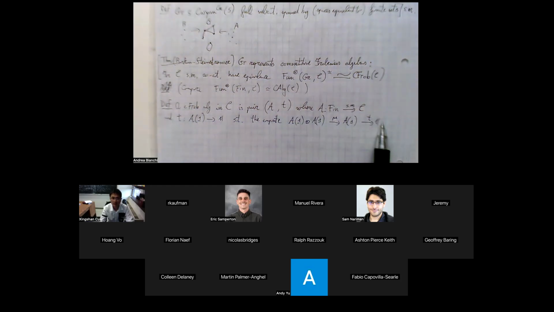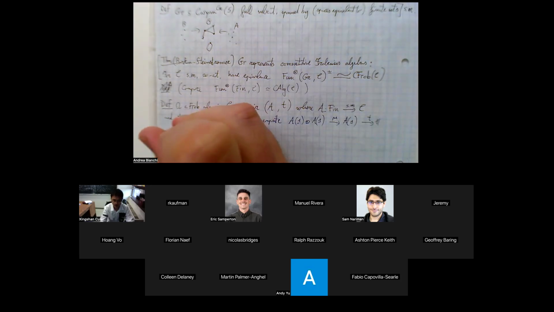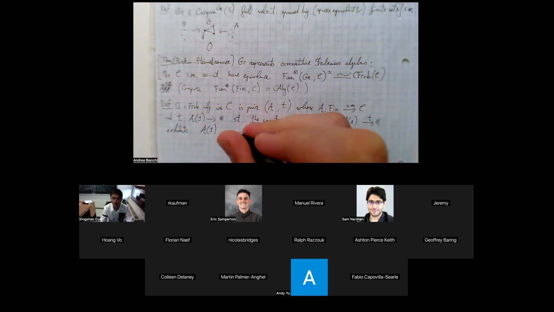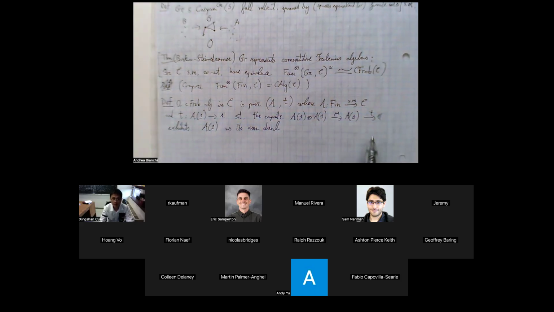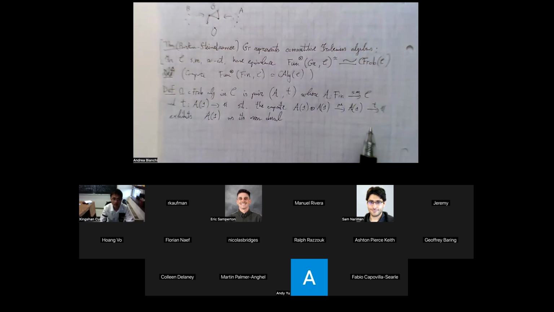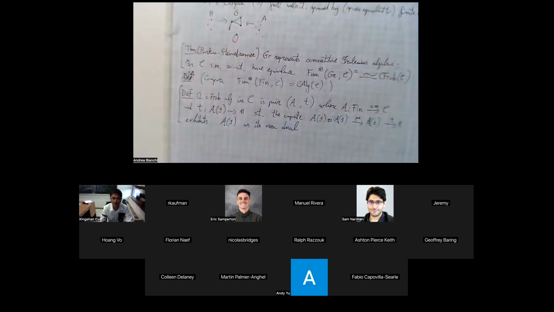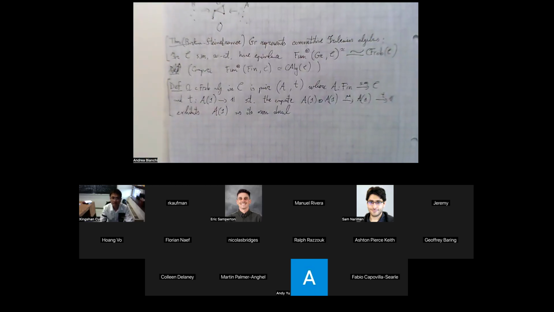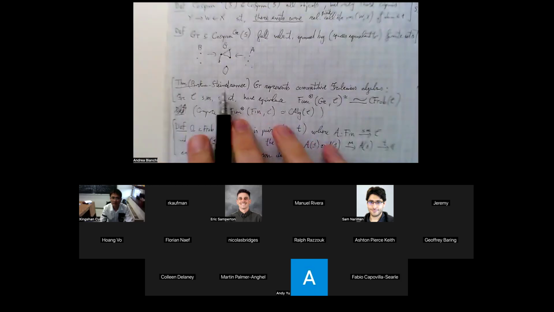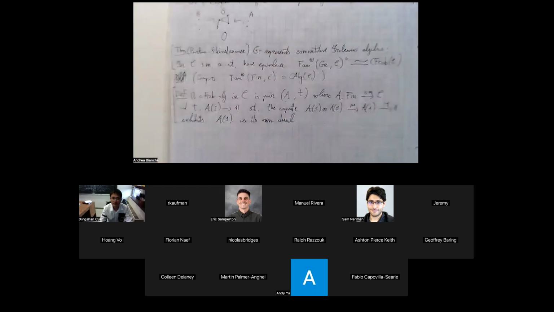This composite map exhibits A of 1 as its own dual. You might say it's a perfect pairing or non-degenerate pairing. So this is the definition that gives meaning to this theorem.